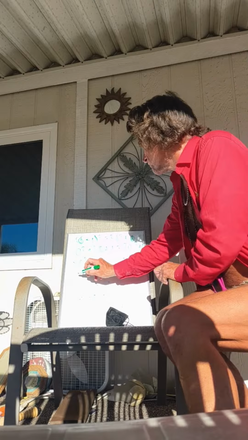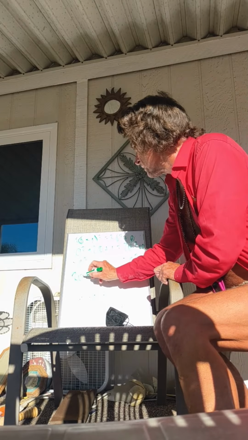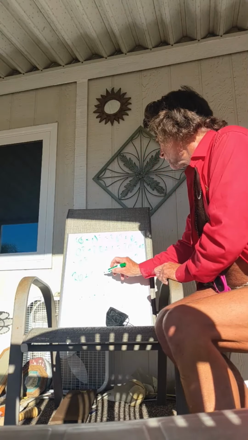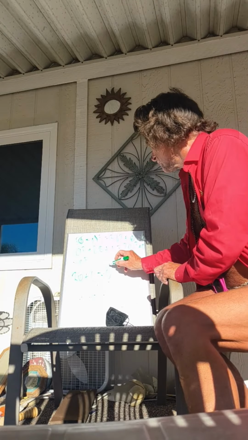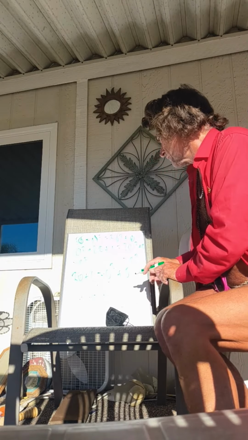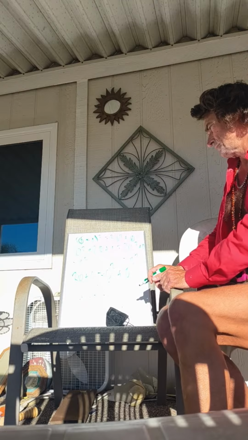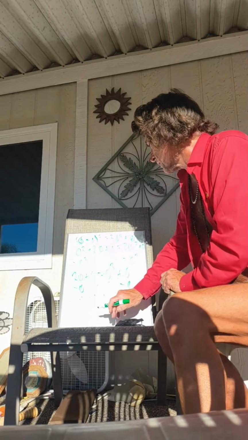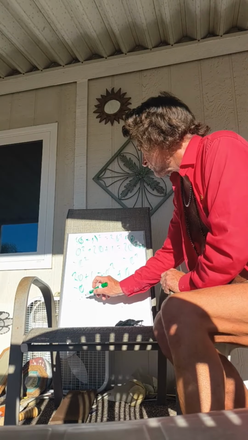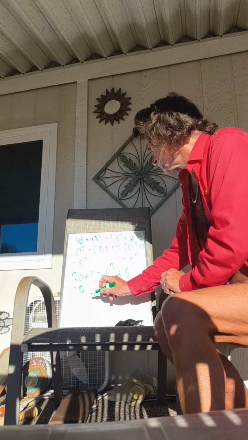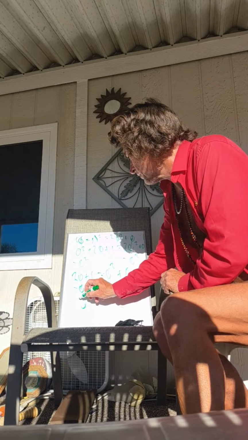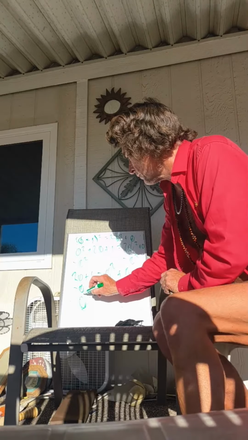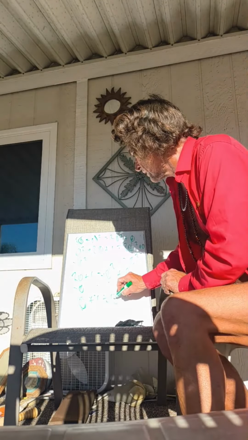That gives you 2 phi plus 1 equals phi squared plus phi. Minus phi on each side gives you phi plus 1 equals phi squared.